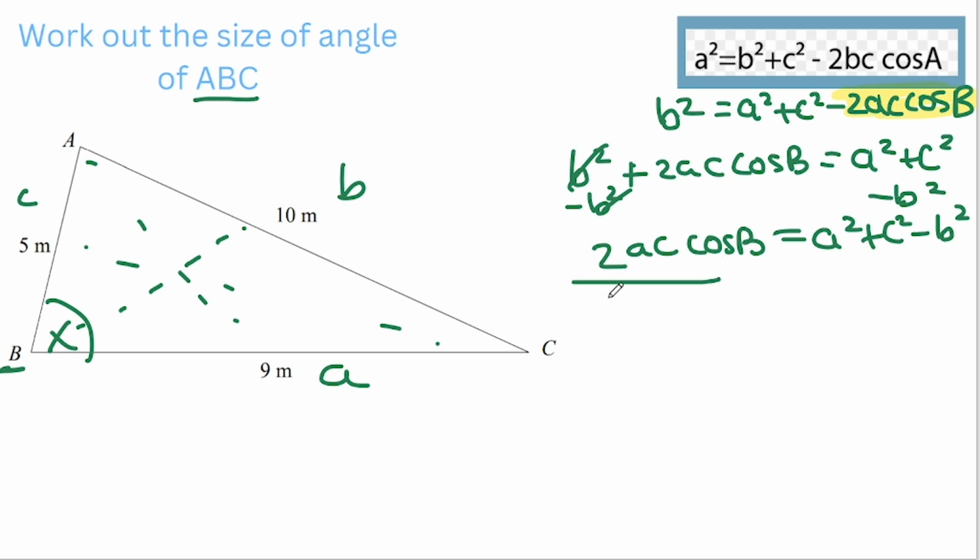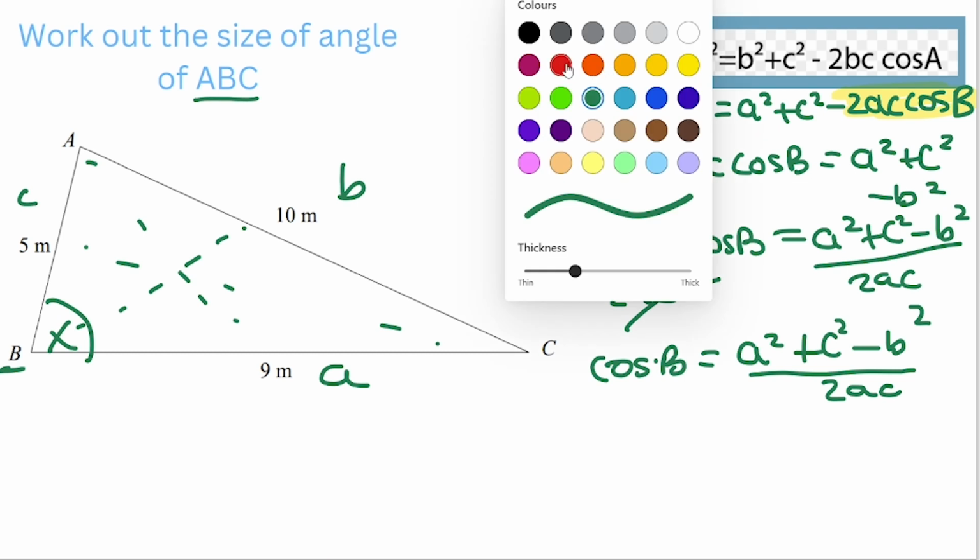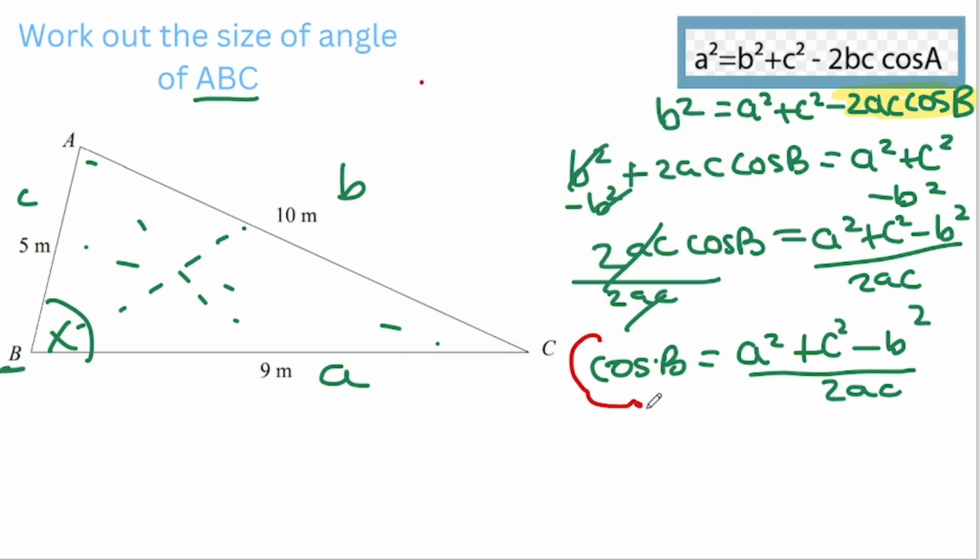I'm going to divide both sides by 2ac. So I'm now left with cos B equals a squared plus c squared, take away b squared, all over 2ac. And the formula I'll be using in this question would be this one at the bottom.